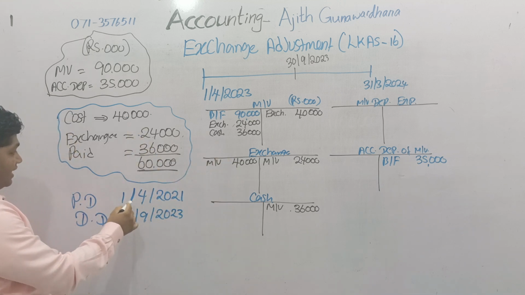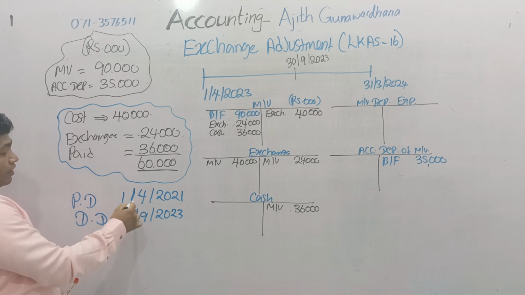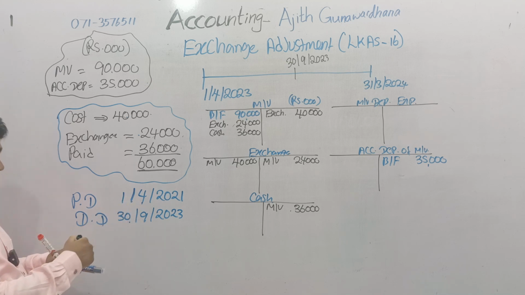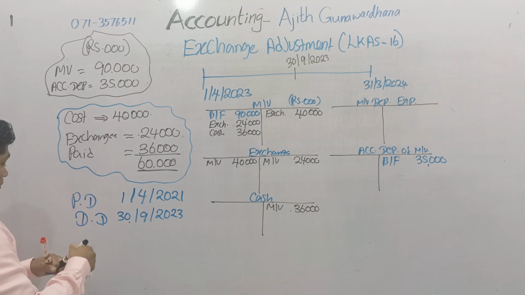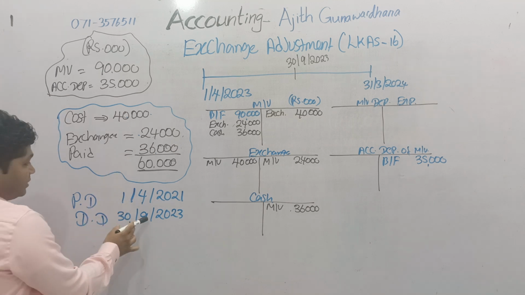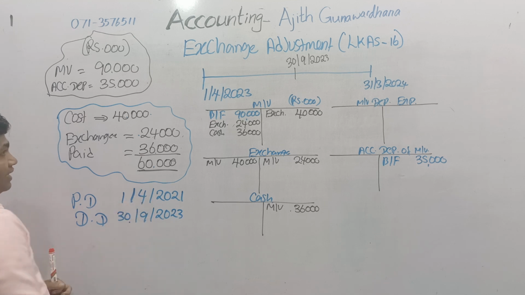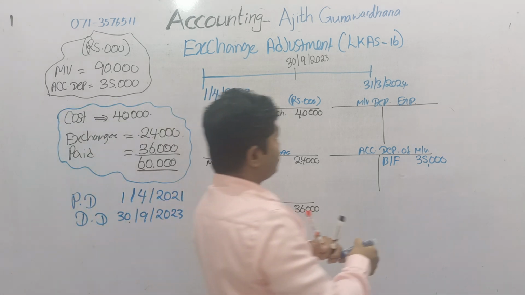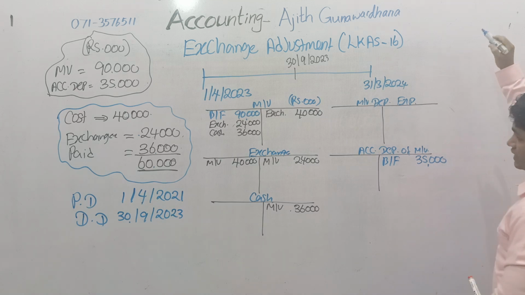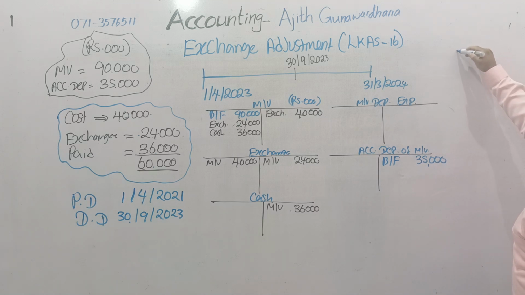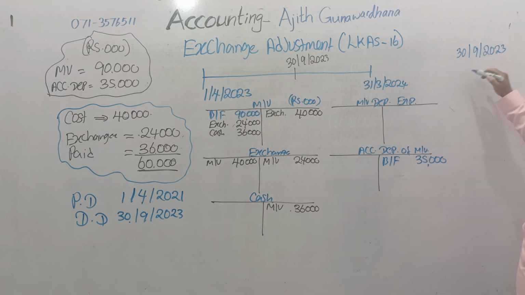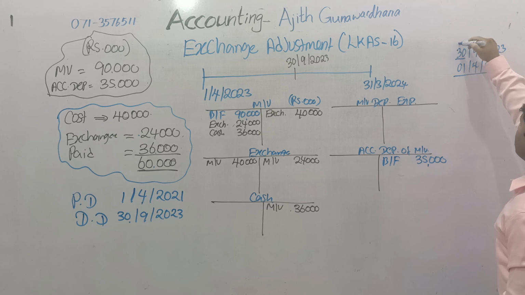Then the purchase date and exchange date: you have to calculate total depreciation from purchase date to exchange date. Right. Therefore, disposal date minus purchase date shows how many years the asset was used. The exchange is on 30th September 2023, but the purchase date is given as 1st April 2021. 30 days is equal to 1 month period. 1 plus 9 equals 10.